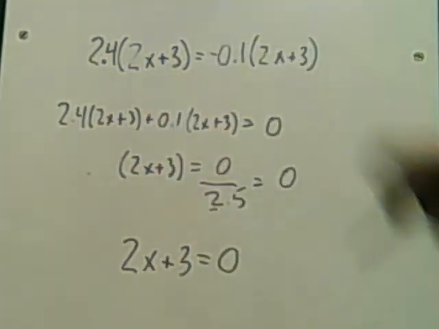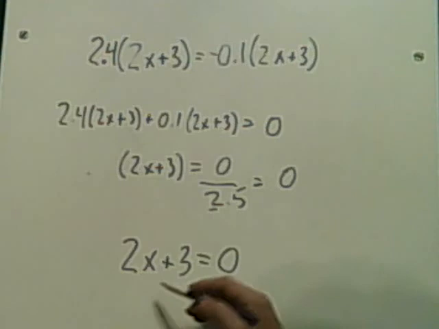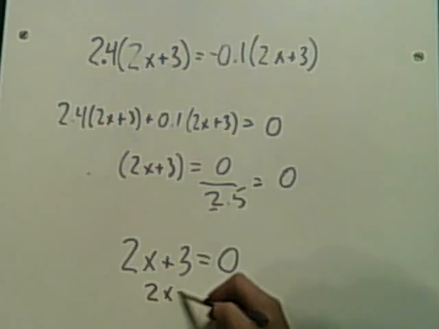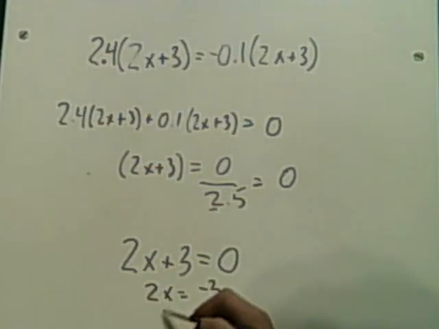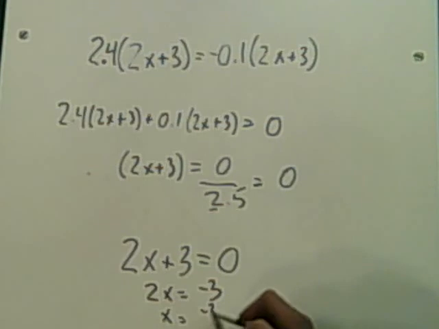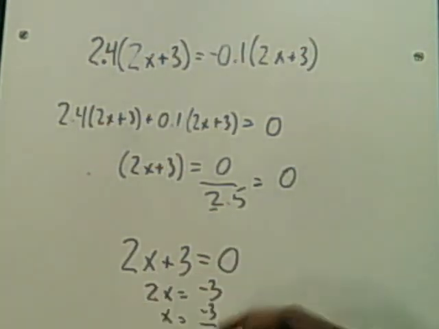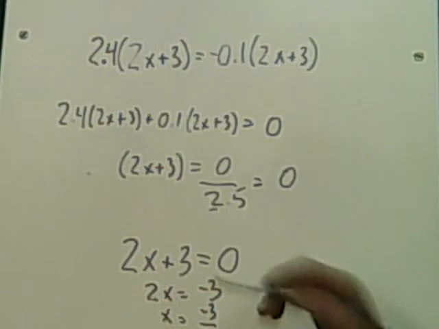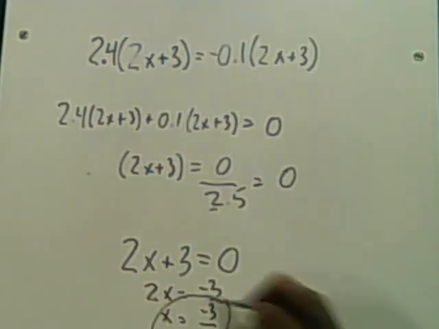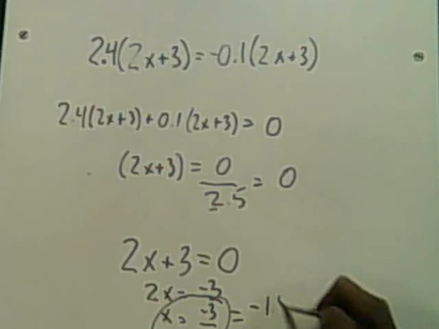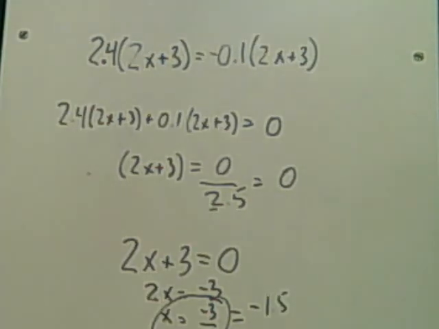It's just dressed up a little bit. And that means that 2x is equal to negative 3, or x is equal to negative 3 divided by 2, because I brought the 2 from one side down to the bottom on the opposite side. Negative 3/2, or negative 1.5 if you want to do it in decimals.